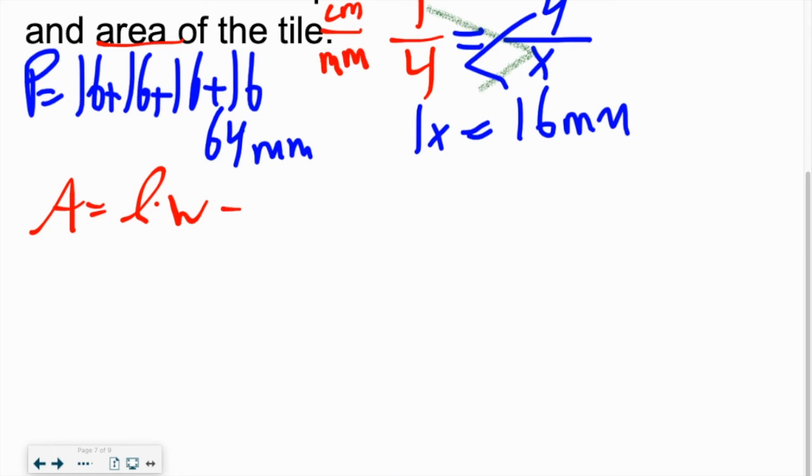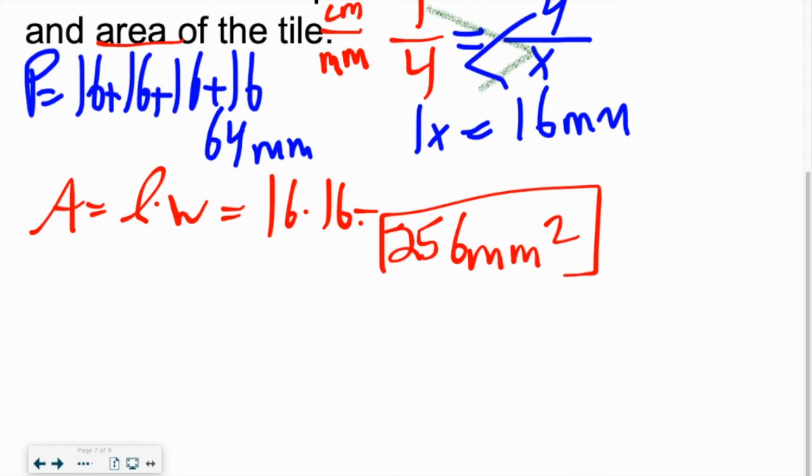Yes, you need to write that in. Take the length, which is 16, times the width, which is 16. So 16 squared, or 16 times 16, gives you 256, but now we're talking about area, so that's going to be millimeters squared. Again, make sure that work is there and that formula is there.